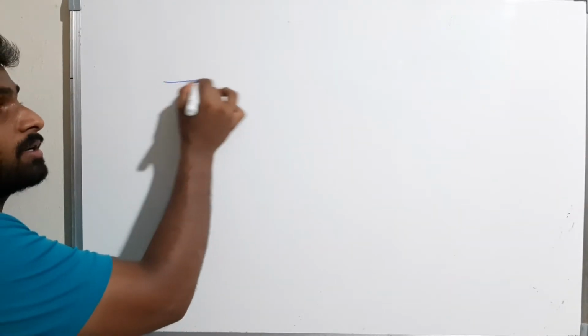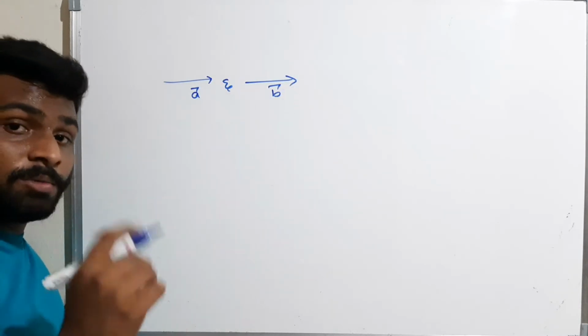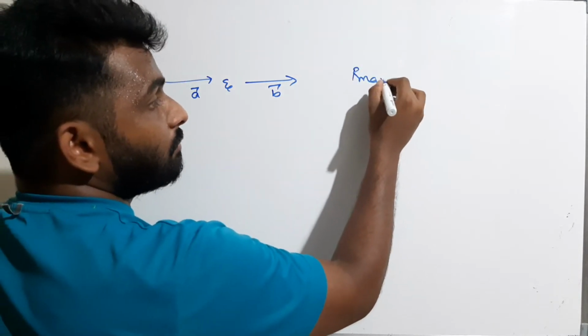Okay, now see. They gave me two vectors a bar and b bar. They told us to find the maximum resultant.